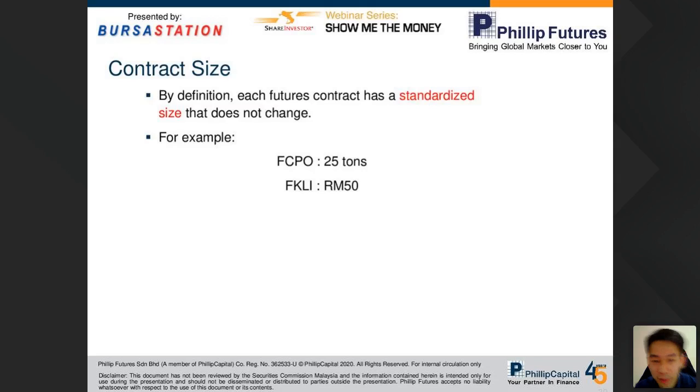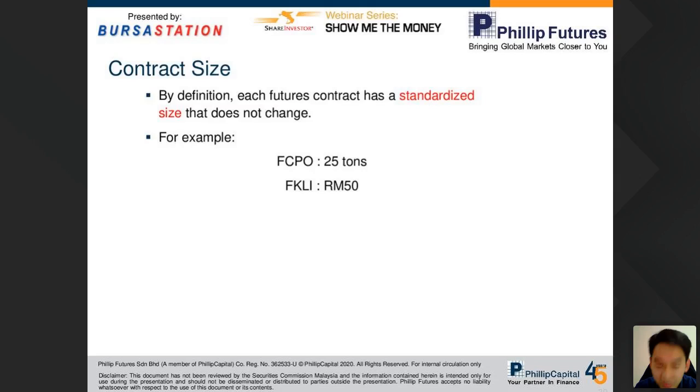Before this, I would like to clarify that for the purpose of this presentation, the futures will be mainly focused on FCPO and FKLI, which is also a Bursa Malaysia product. For FCPO, the contract size is 25 tons. As for FKLI, it is 50 ringgit per contract.